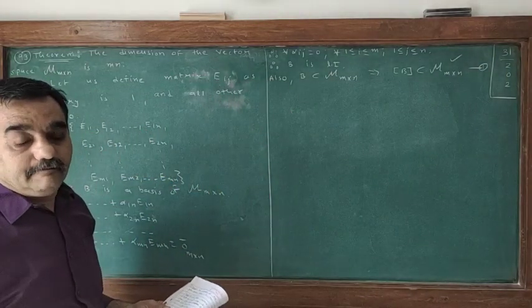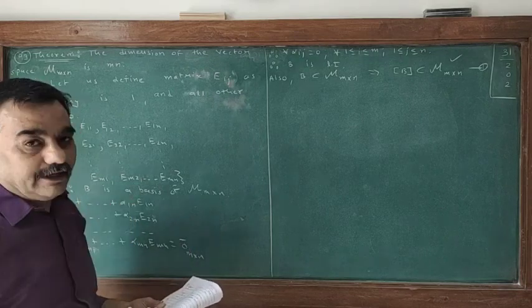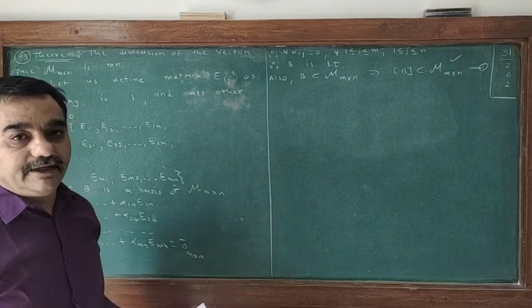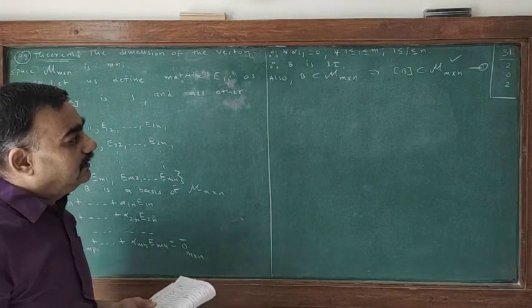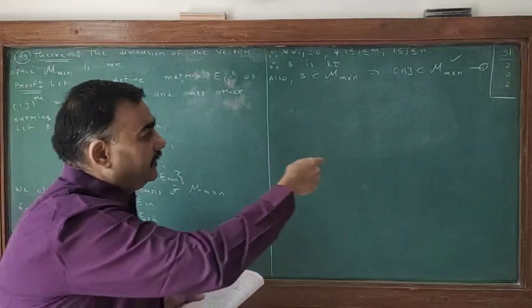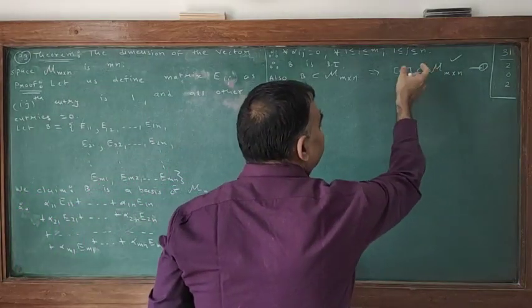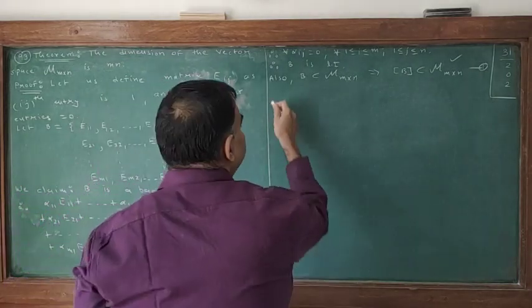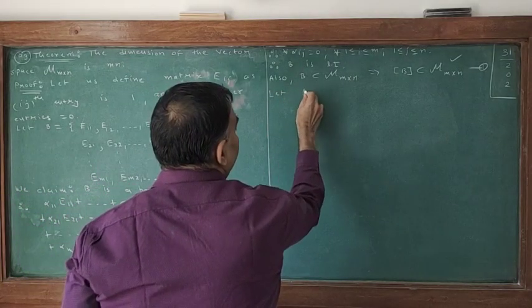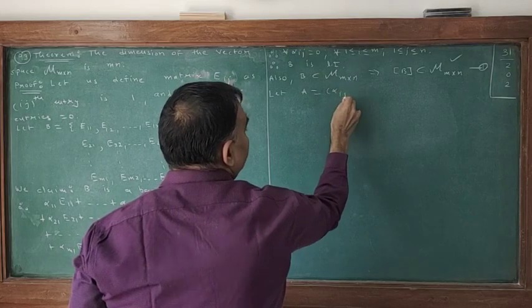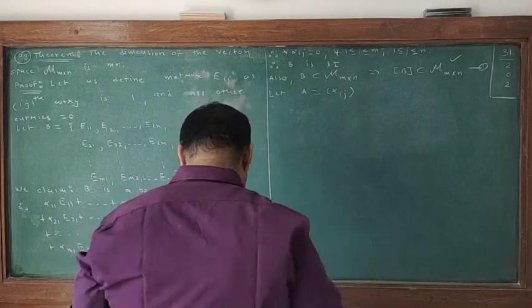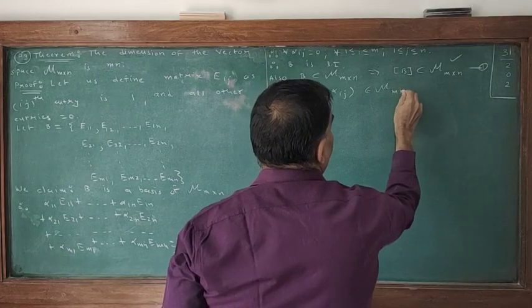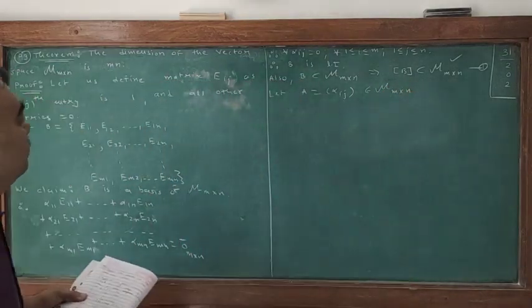So any set of it and linear combinations of that set will be covered by the vector space. So now we choose one element in this and we will show that it belongs to the span of B. Let A equal to alpha ij, which belongs to script m cross n.